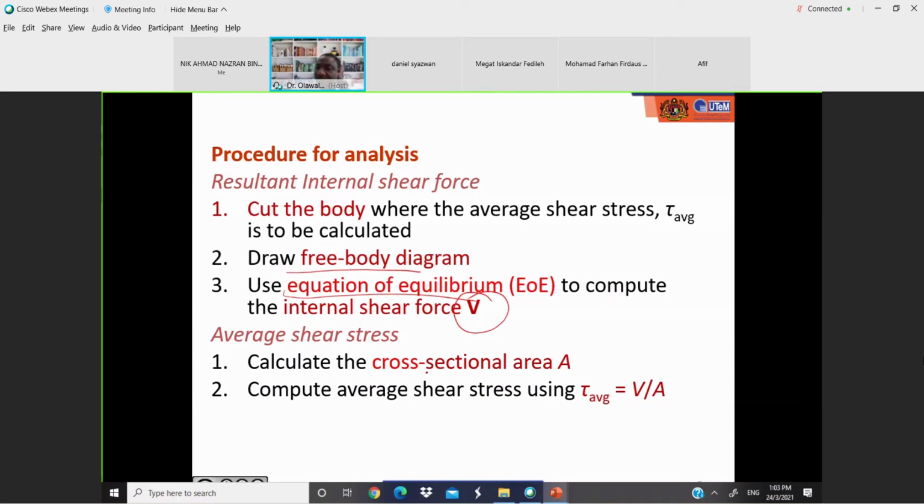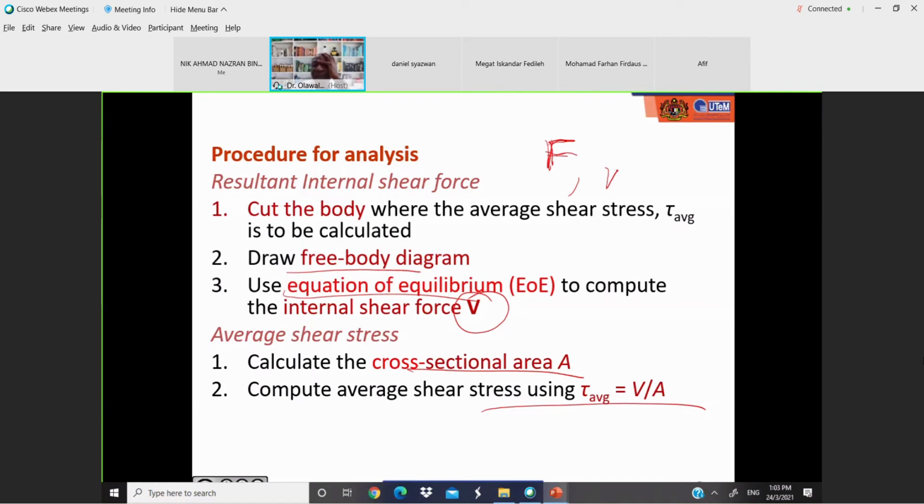Then after that, you calculate your area, then you use your tau is equal to V all over A. So the procedure for analysis is same. The only difference is if you calculate your force, F, then you need to decide if it is single shear, double shear, or multiple for you to calculate your V. That is the only difference.